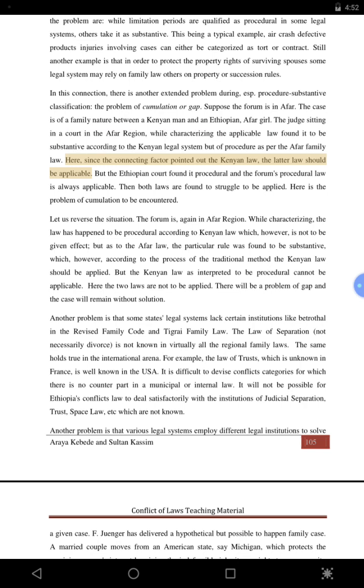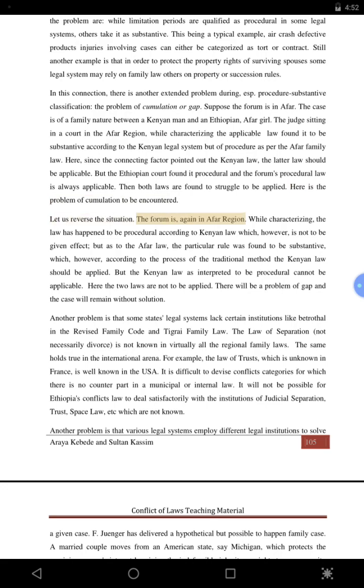Here, since the connecting factor pointed to the Kenyan law, the latter law should be applicable. But the Ethiopian court found it procedural and the forum's procedural law is always applicable. Then both laws are found to struggle to be applied. Here is the problem of cumulation to be encountered.